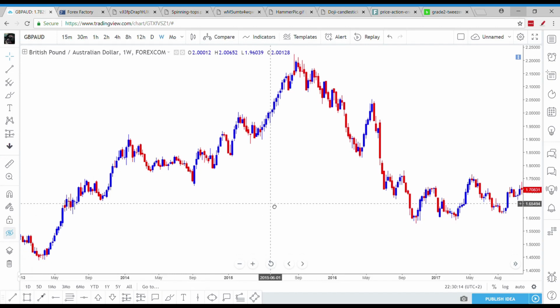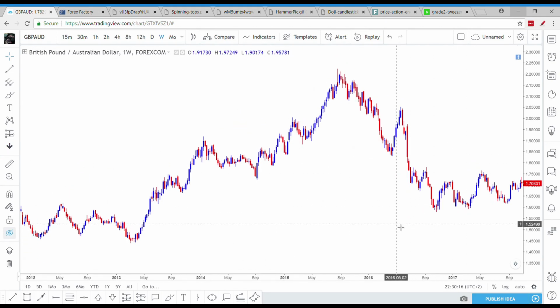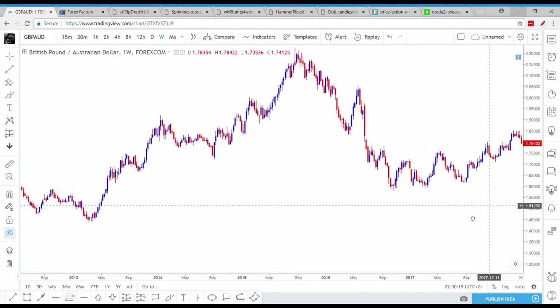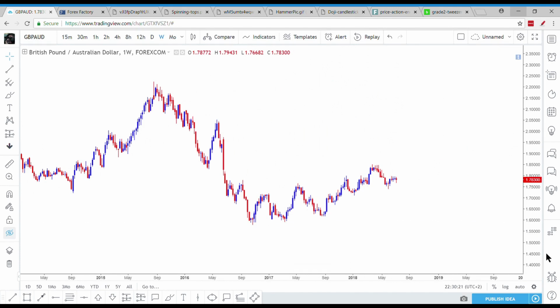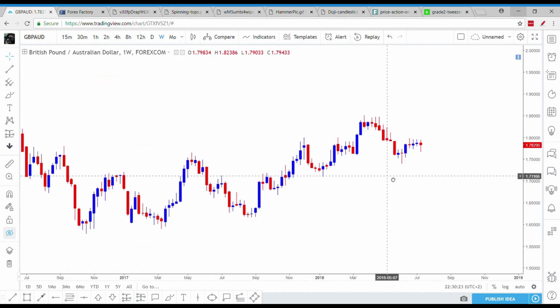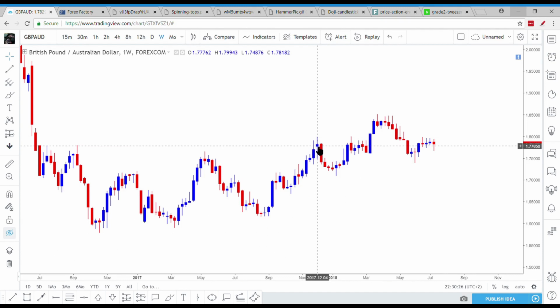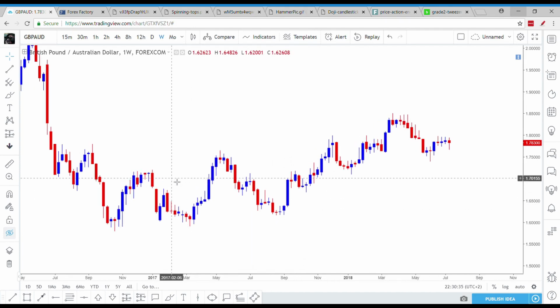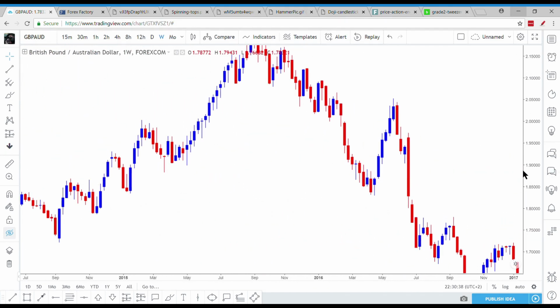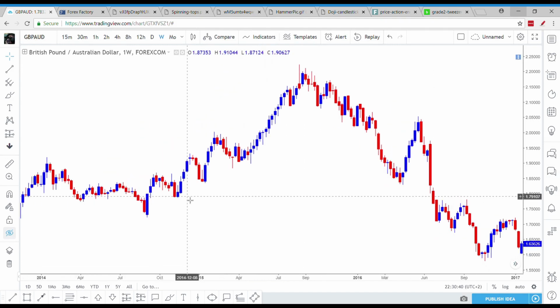You see a lot of them at tops and bottoms because it shows that the market is indecisive. We've got one here, for example, that's a lovely spinning top. And that was a spinning top as well. You've got many, really. Spinning top indicates indecision in the market.